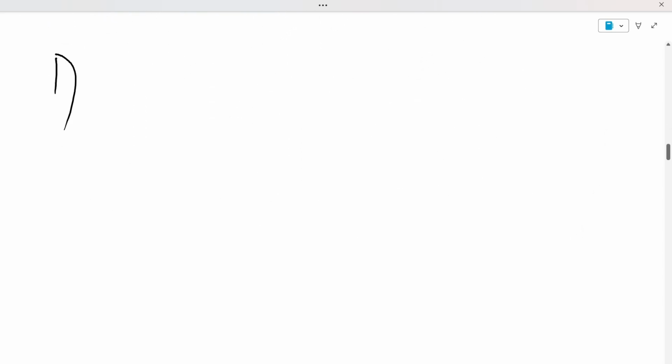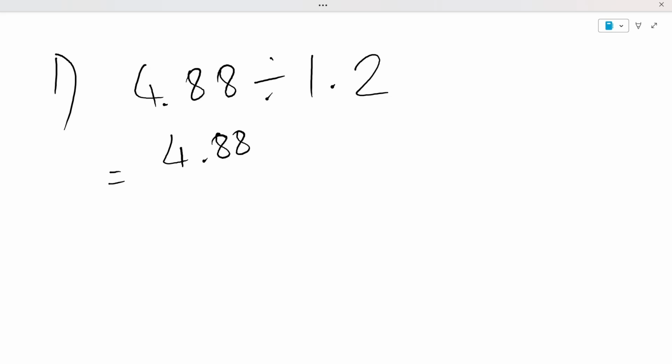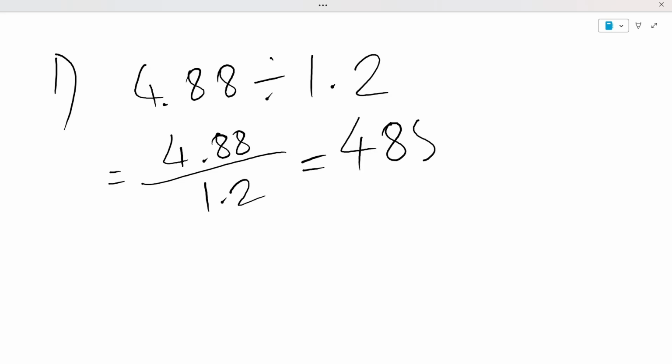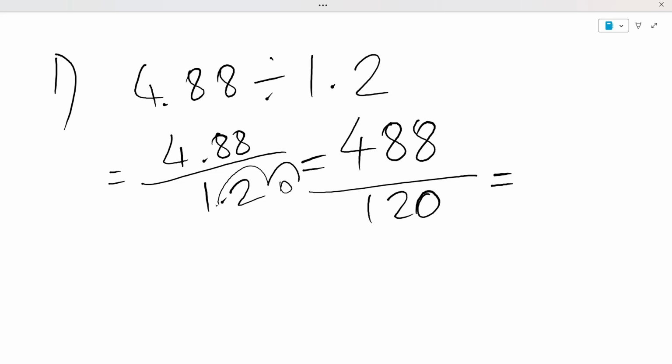Let's do a couple of examples. If I had 4.88 divided by 1.2, I can write that in its fraction form. And then here I'd have to times top and bottom by 100 to move the decimal point 2 places. So I'd have 488 over, if I move these 2 places, there'd be a 0 in the gap, so 120. And that's just a normal division, 488 divided by 120, so divide top and bottom by 2, and by 2 again.